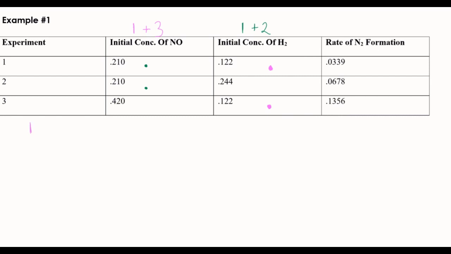All right, so let's look at some actual math here. I'm going to do reactions 1 and 3 first. For the rate of a reaction, we're going to take rate 1 over rate 3.